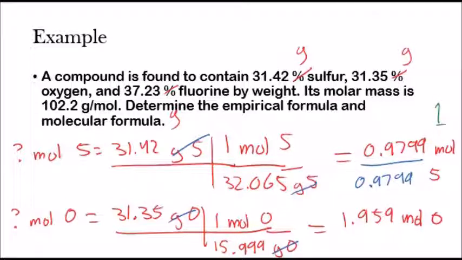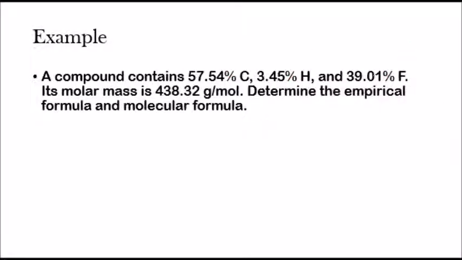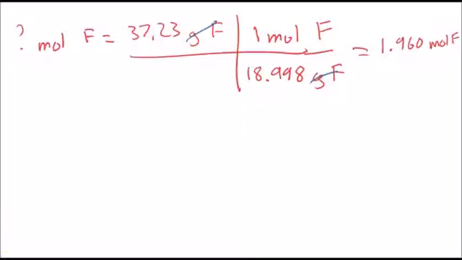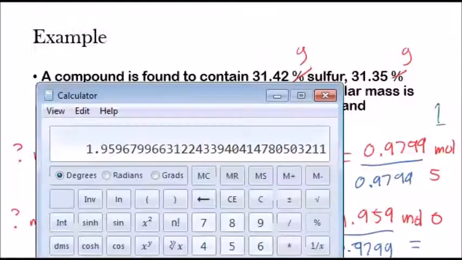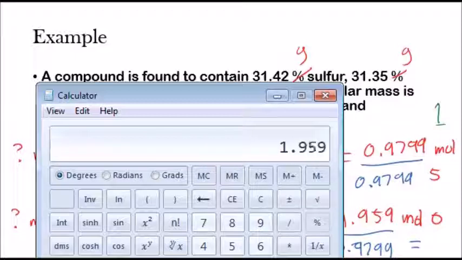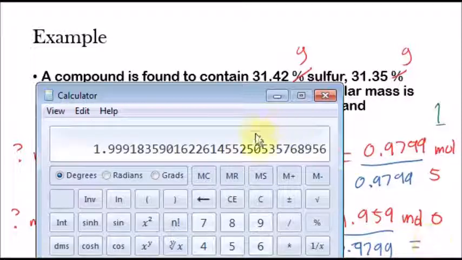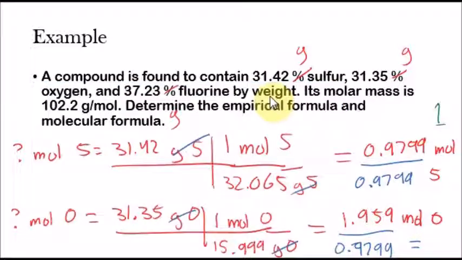Divide this also by 0.9799, and you will get, let me see, 1.959 divided by 0.9799, and you're getting 1.999, which can be rounded up to 2.